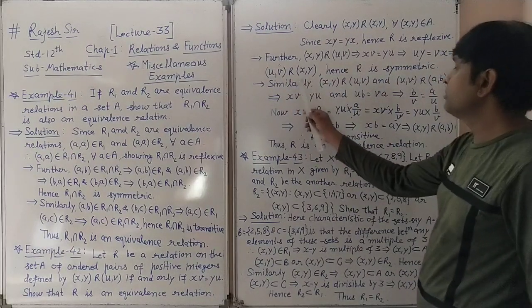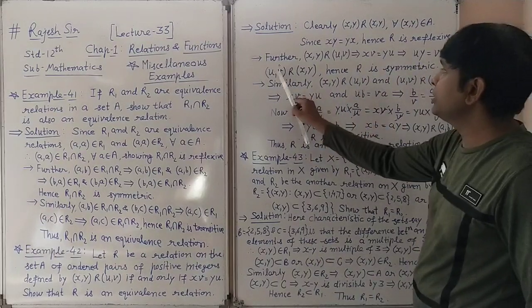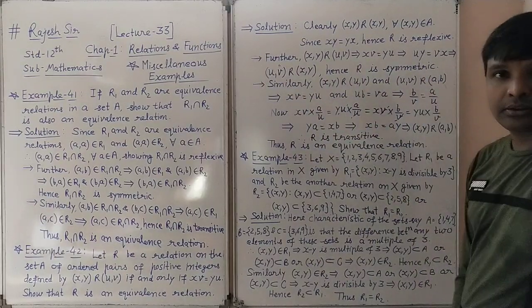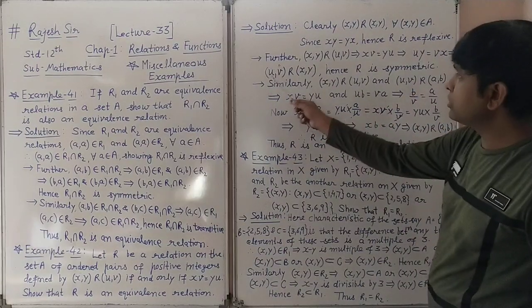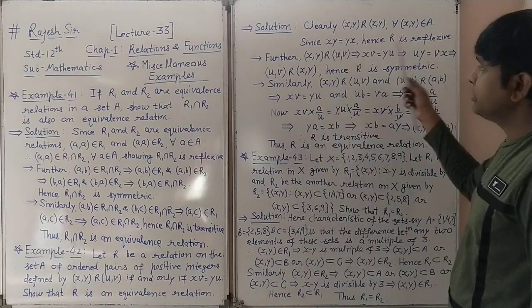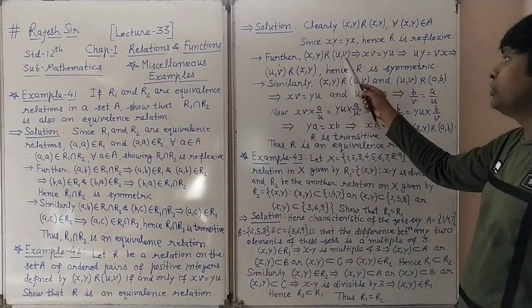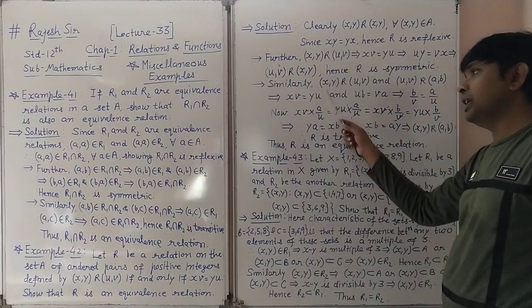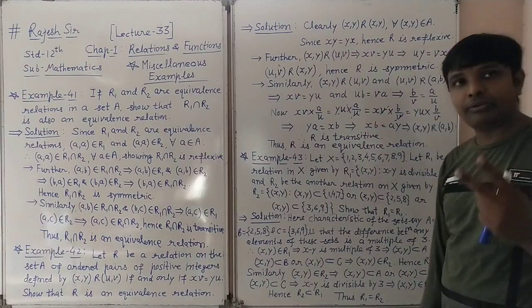By writing this, we get uy equals vx, as given. By writing this, we can write this also, (u,v) related to (x,y), by the definition, and it is following. So we started with (x,y) related to (u,v), and we got that (u,v) related to (x,y). What does it show? It shows that it is symmetric. Second step we have done.